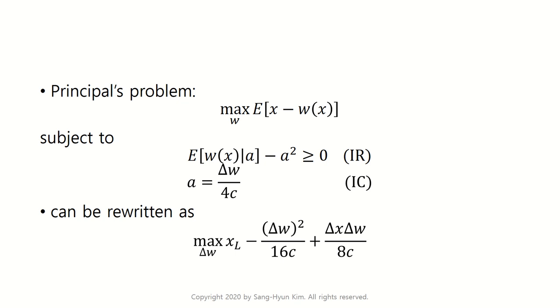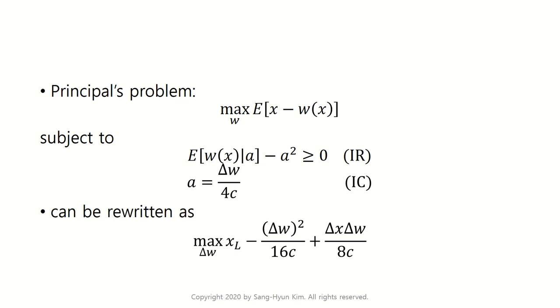Okay, so this is the principal's problem. So the original problem looked like this. So you maximize the expected profit subject to the IR constraint and IC constraint, and it can be rewritten as this. So you maximize this objective function.